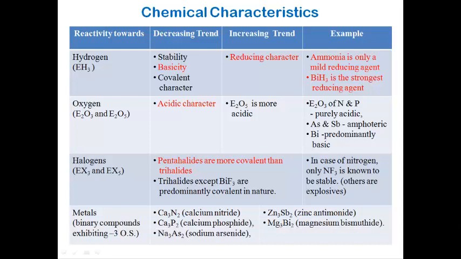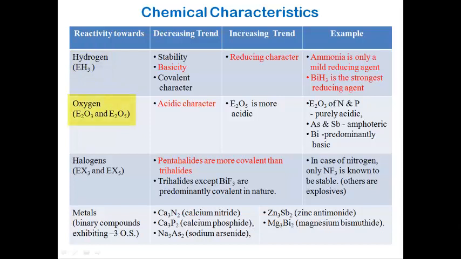Now let us learn about the chemical properties of some of the compounds of group 15 elements. Group 15 elements can form compounds with hydrogen, oxygen, halogens and metals. Some of the points have been highlighted in red color. Those points are really very important. With hydrogen, they give only one type of compound, that is metal hydride.